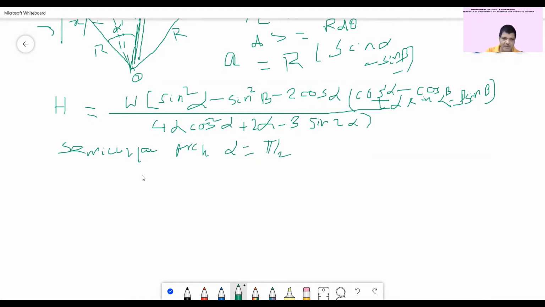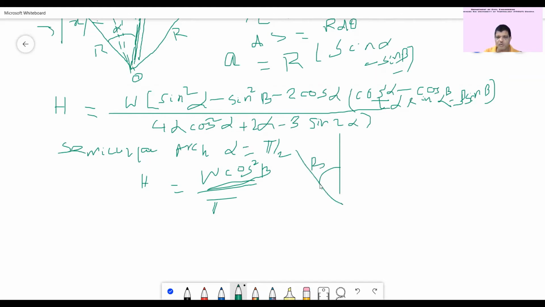So you can find the value of H, which is equal to W cos square beta divided by pi. Now what is beta? Beta is the angle measured from your crown. So you have taken beta from here. This is the value of beta.